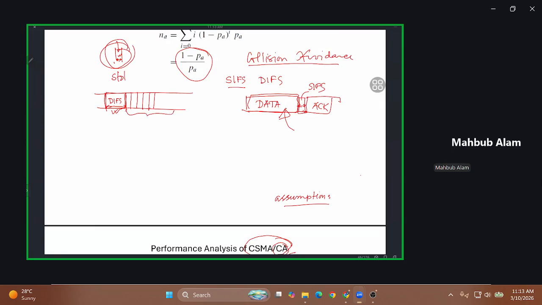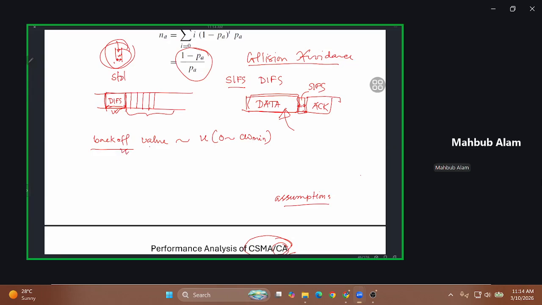The number we call the backoff value. It is uniformly distributed between 0 to some CW mean. We'll define this more explicitly later. So a uniform random number between 0 and CW mean is chosen by a station. We call it the backoff value.